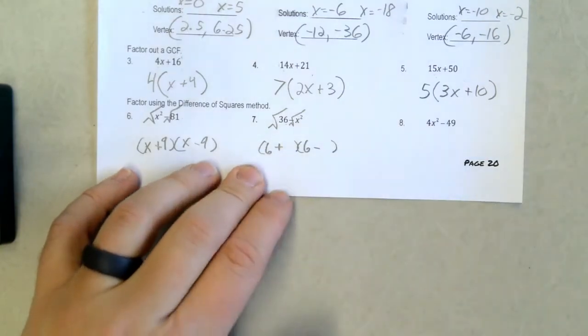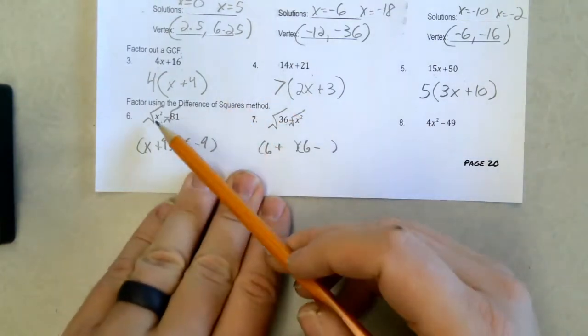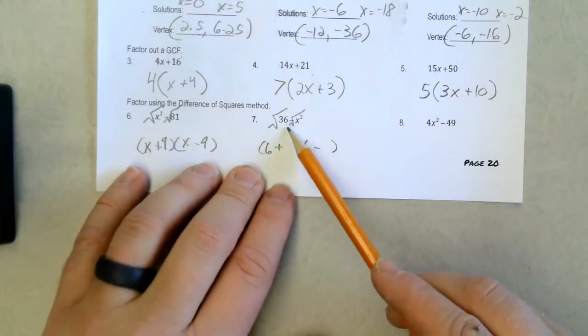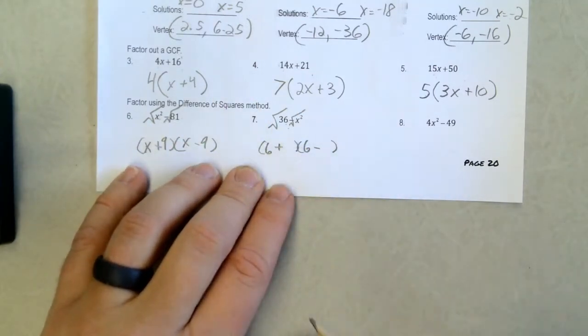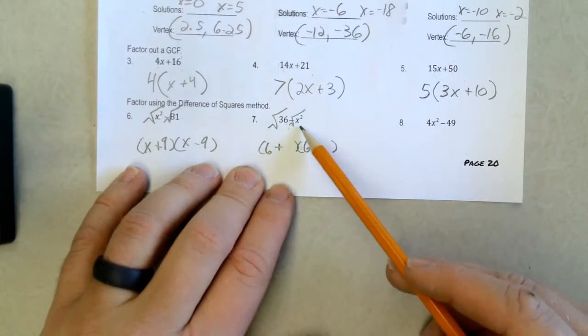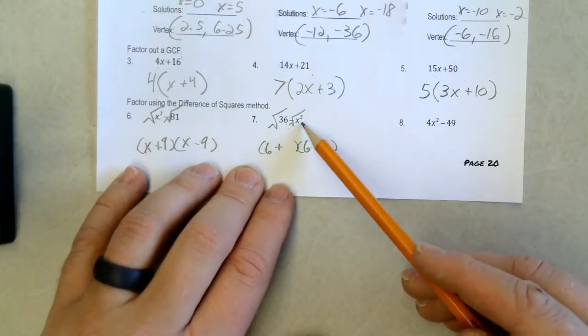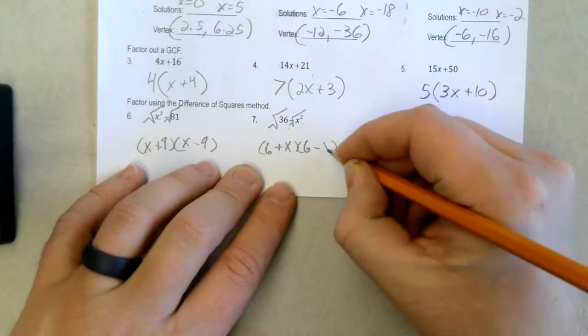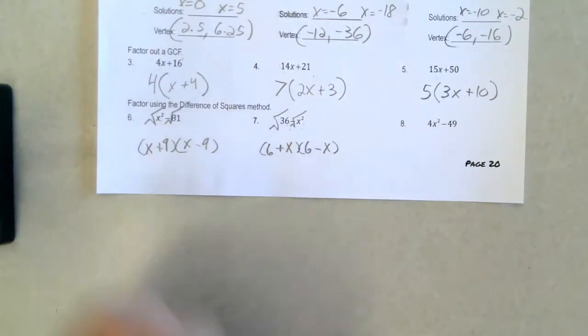So now we just put the 6's first. Like notice the x's were first over here because the x squared was first. The 36 is first, so I'm going to put the 6's first. What's the square root of x squared? Well, that's x. The square root and the square cancel each other out. That's just 1 plus x and 1 minus x. 6 plus x, 6 minus x. Factored using difference of squares.